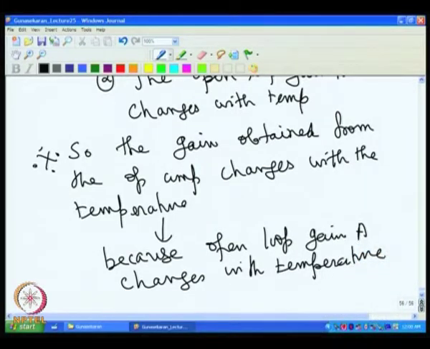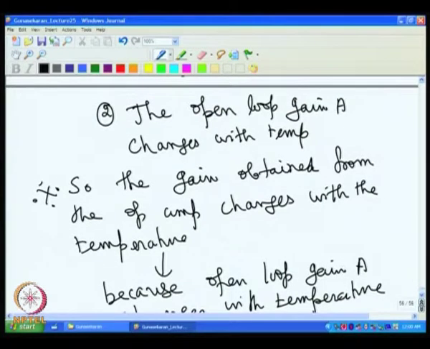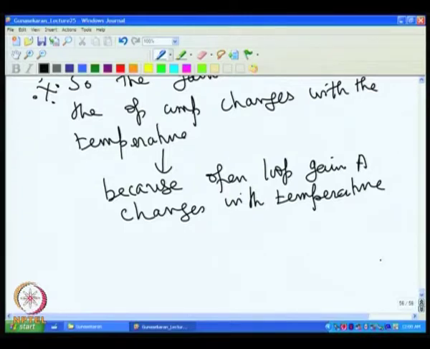So, the gain that we are getting actually changes with temperature. Now, our aim is to minimize the change. That means, if the ratio between the set gain and the open loop gain is very small, then the change also will be very small.